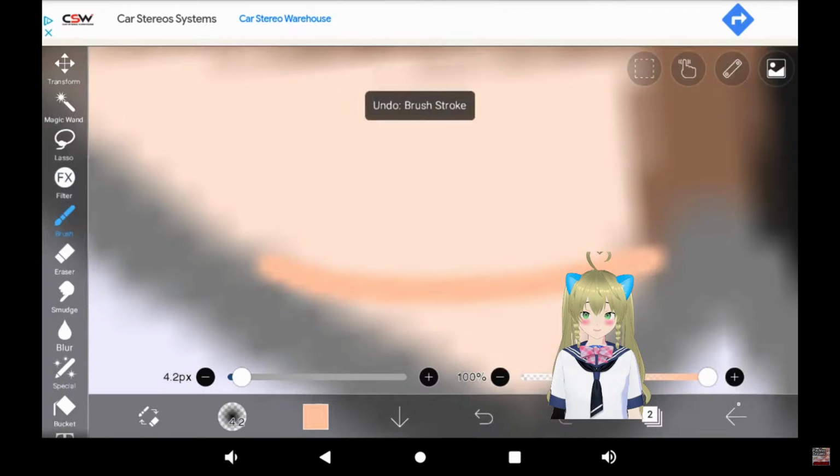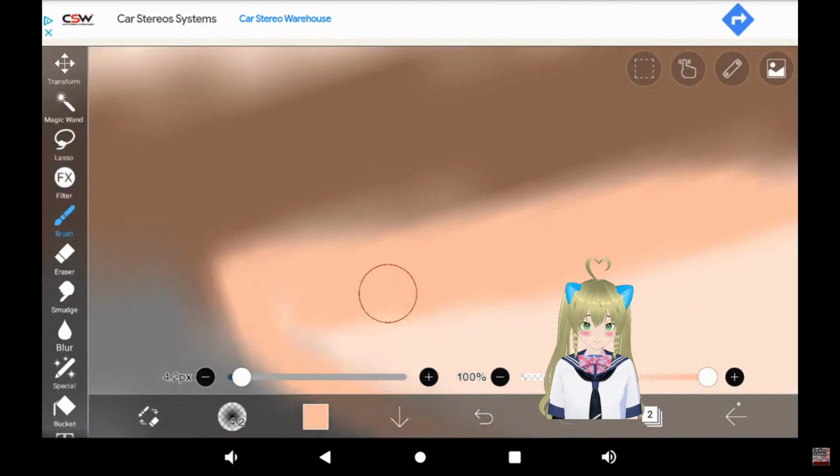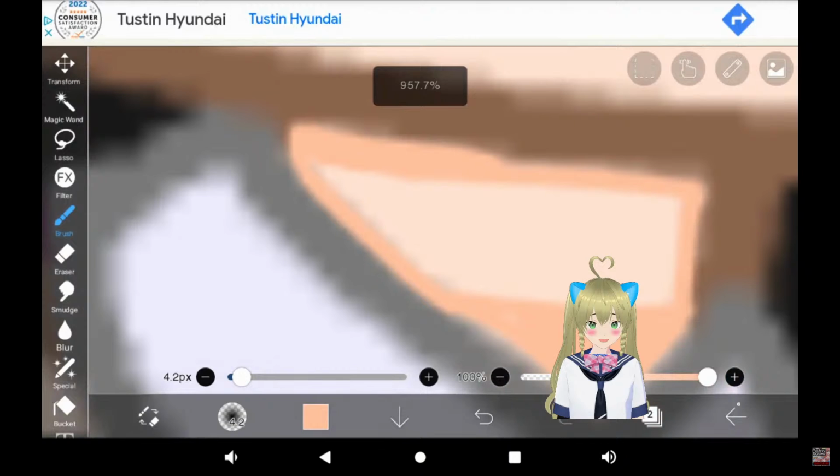So about that, somehow I really added the shading. The shading is really good, but somehow I can do better than that with the shading. If I do the shading better, then it would be much greater.